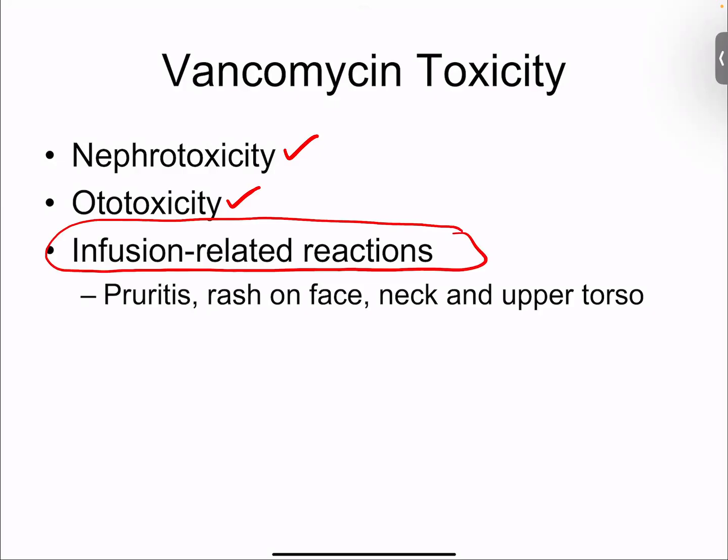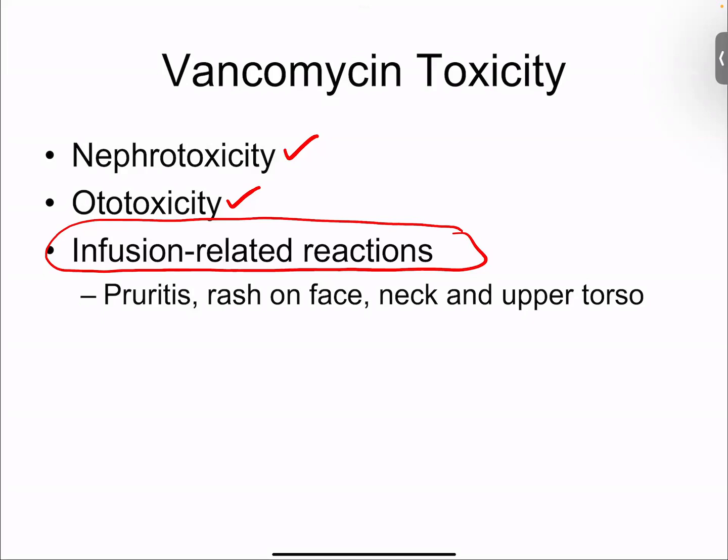infusion-related reactions. It doesn't happen all that often. And I've seen online some of the pictures associated with vancomycin infusion-related reactions; it occurs on the chest, on the back, on the face even. It's pretty nasty looking, and it's largely a result of just the infusion itself.